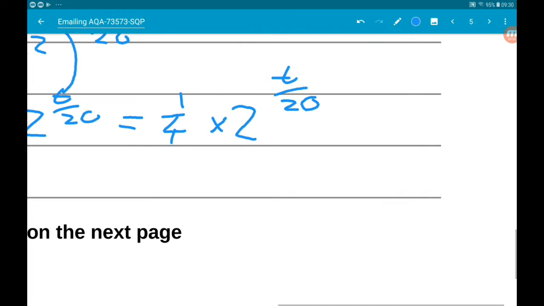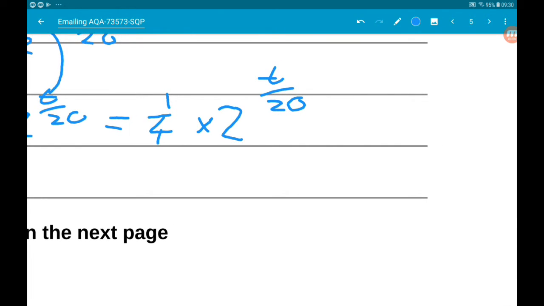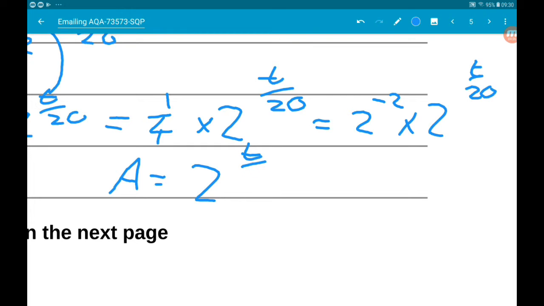Now 1/4 is 2 to the minus 2. So this is 2 to the minus 2 times 2 to the t over 20. So finally, A is indeed 2 to the t over 20 minus 2. Cool.